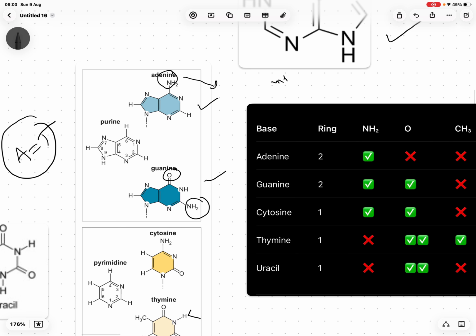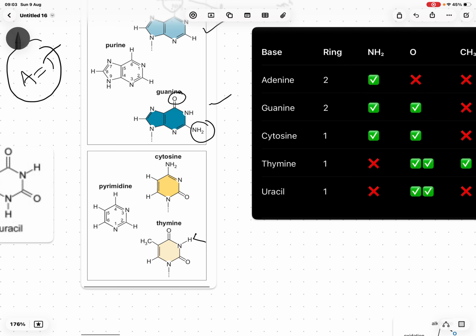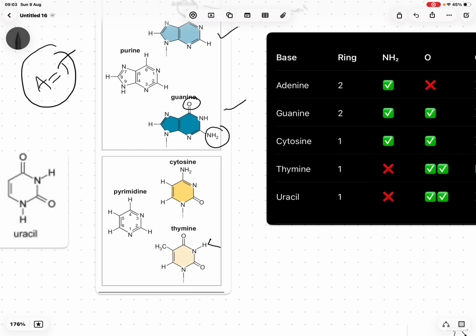Similarly, in cytosine, which is a single ring structure, the carbon atom has an amino group. Sorry, not at the sixth carbon, it is at the fourth carbon that it has the amino group.